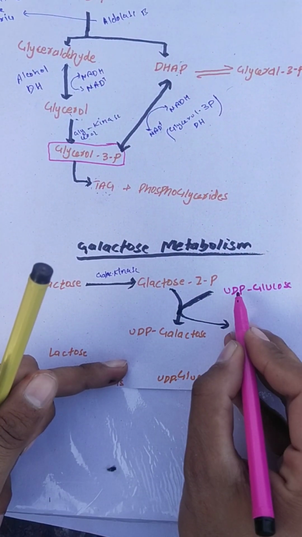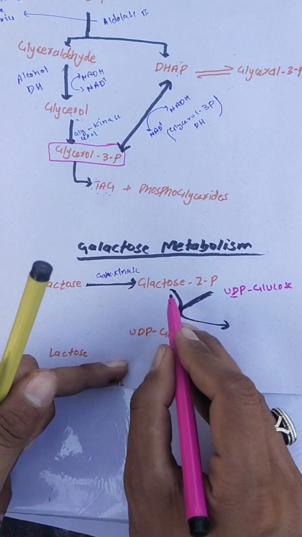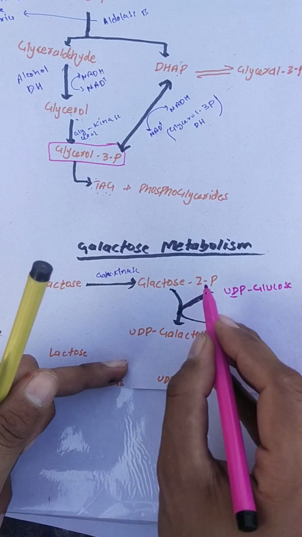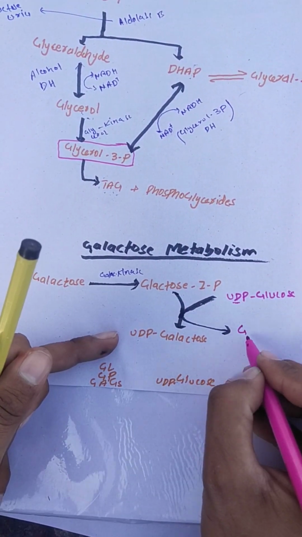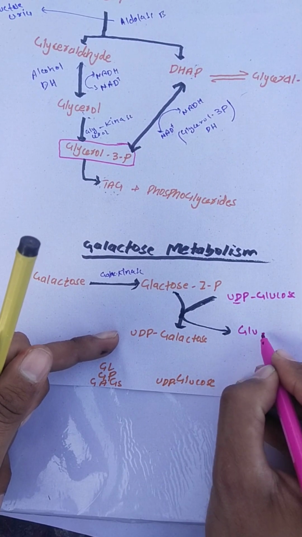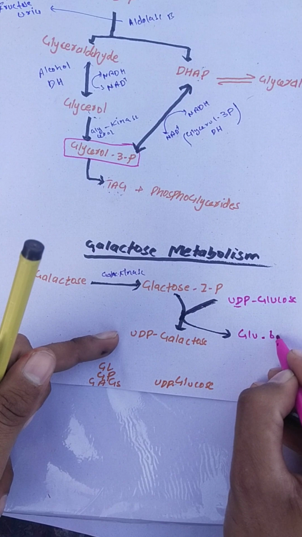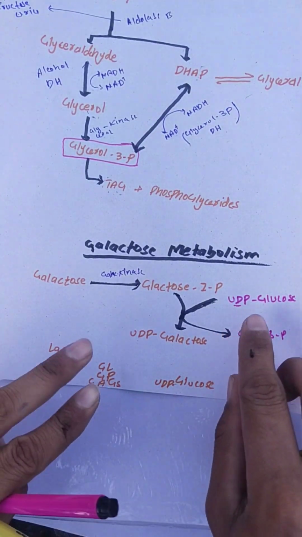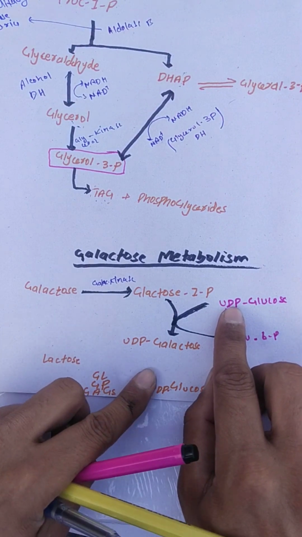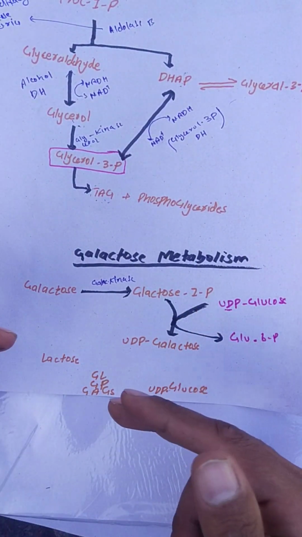The UDP of the glucose becomes part of galactose, and it becomes UDP-galactose, and this phosphate now becomes part of glucose, and it becomes glucose 6-phosphate. So it is a simple reaction. Glucose gives its UDP and galactose gives its phosphate. They just exchange their UDP and phosphate with each other.